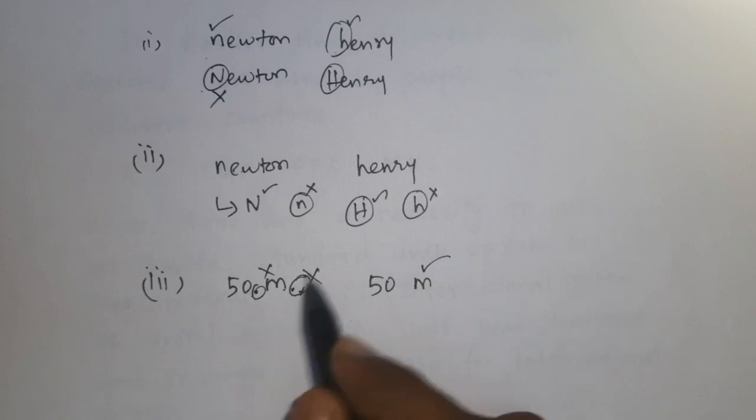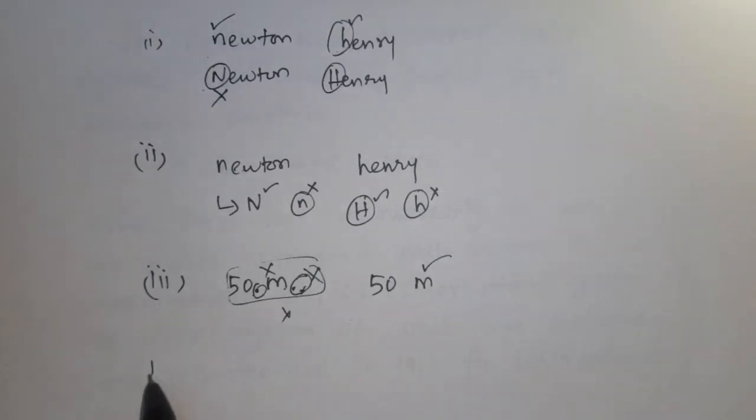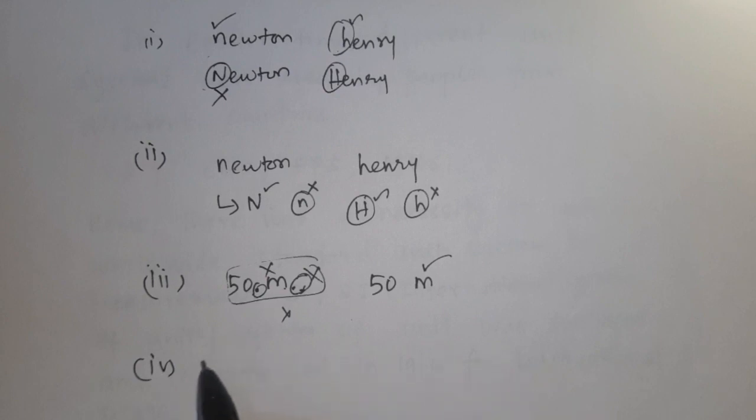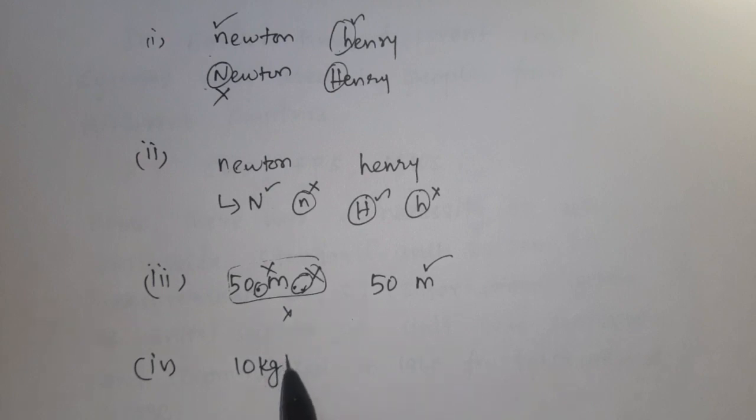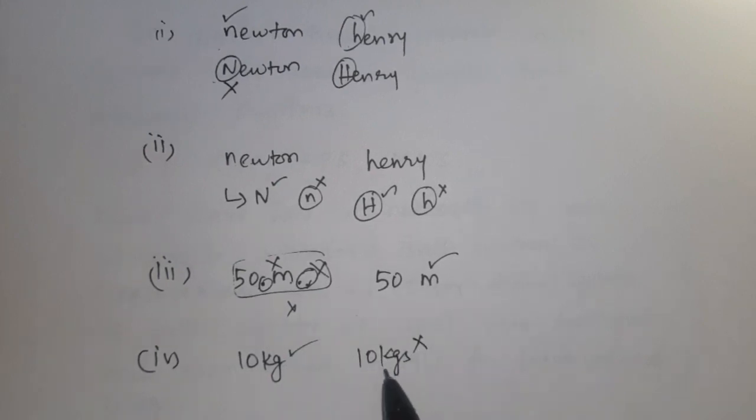This is right. This one we should not write. Fourth rule, the symbols of the units are not expressed in plural form. For example, we are measuring the mass of a substance like 10 kg. We should express only 10 kg. 10 kgs we should not express. So that means we should not express in the plural form.